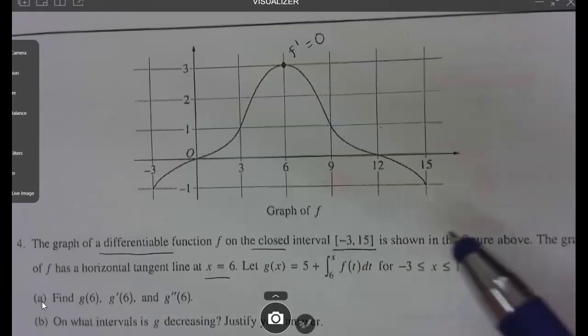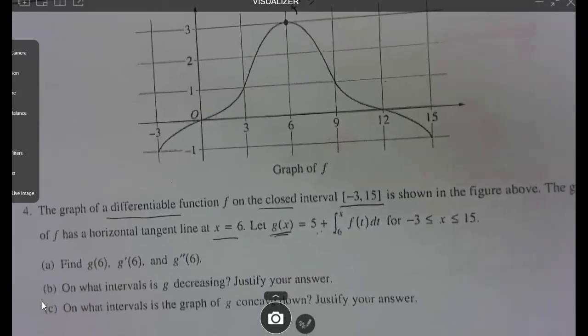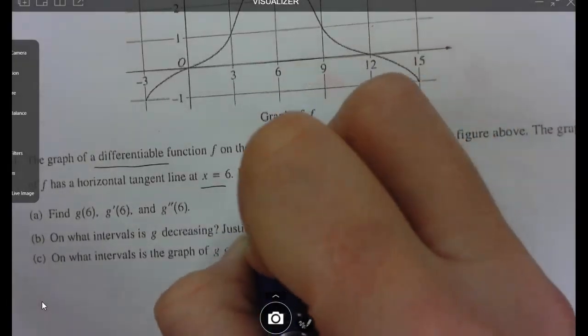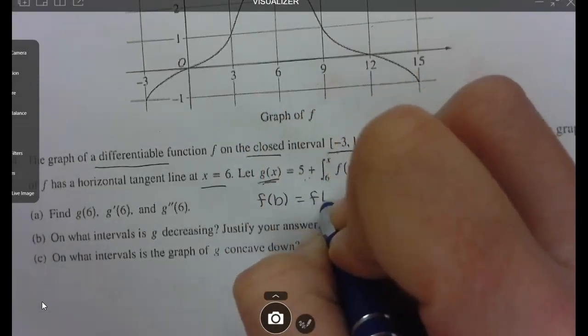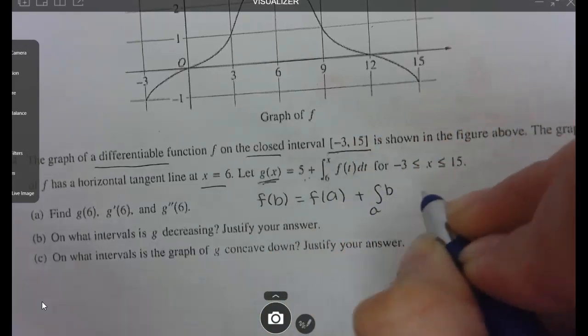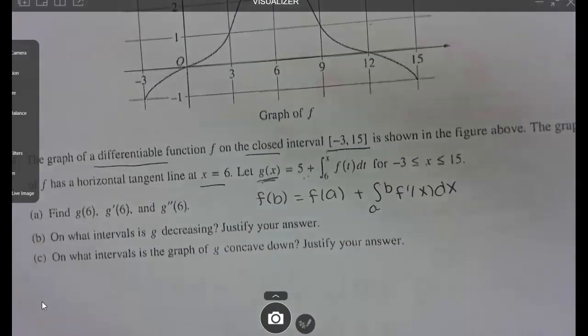And then we are given that g of x is equal to 5 plus the integral from 6 to x of f of t dt. So this is our fundamental theorem of calc. This is like saying f of b equals f of a plus the integral from a to b of f prime of x dx.